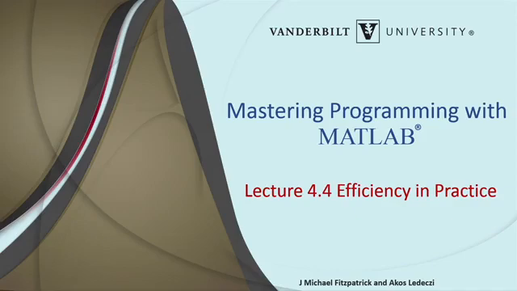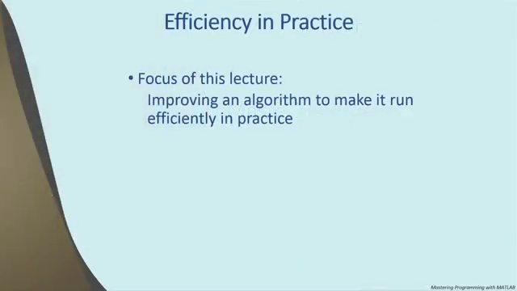It may be that small improvements to the way the problem is solved will make big improvements in efficiency. We're talking about improvements that don't amount to a new algorithm, but in practice can greatly improve the efficiency of the algorithm you've got. Improving an algorithm to make it run efficiently in practice is the focus of this lecture.